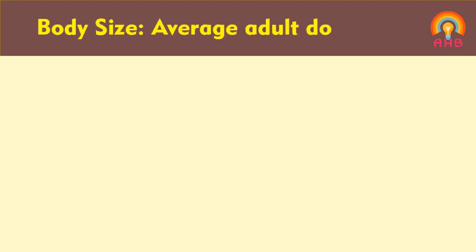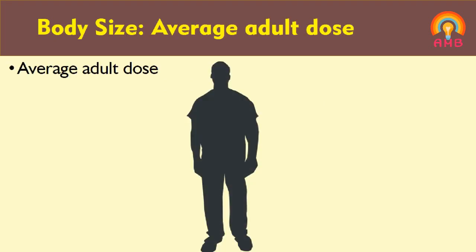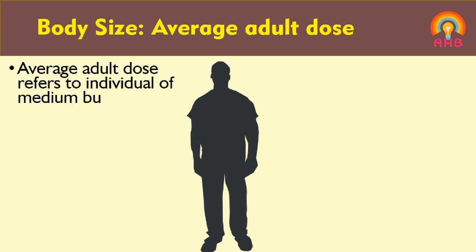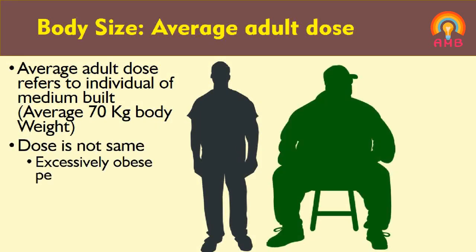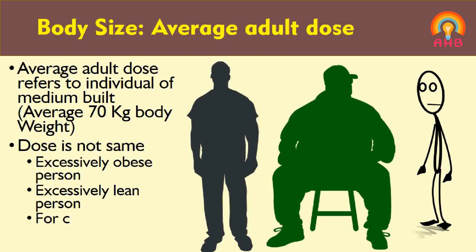The average adult dose refers to individuals of medium build of about 70 kg body weight, but for an exceptionally obese person or an exceptionally lean person, and for children, the average adult dose cannot be accepted.